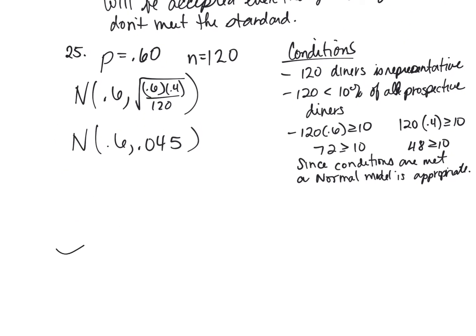So we are going to draw the normal model here. If I want to be very sure, right, I should go 2 or 3 standard deviations from the mean. Because we expect 60% of the people to want non-smoking, but that's not going to be exactly the same every night. It's going to vary.